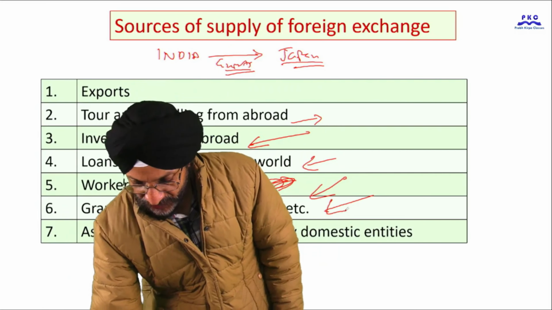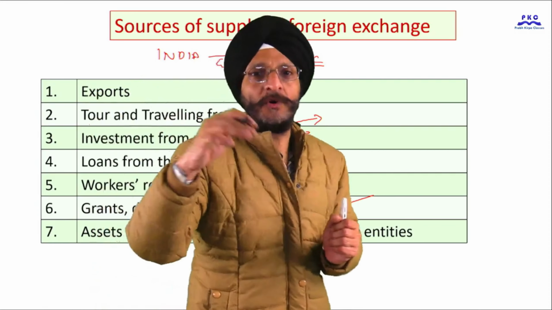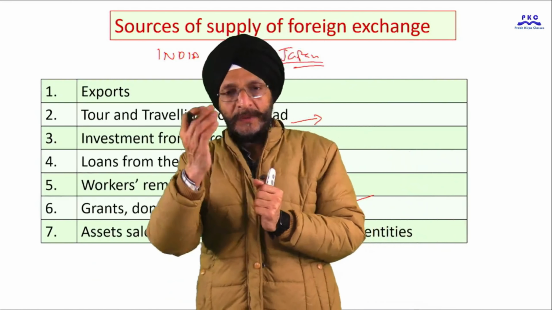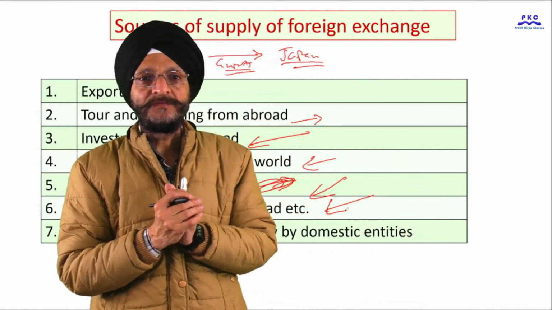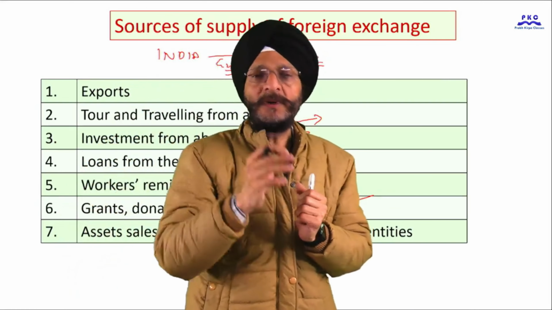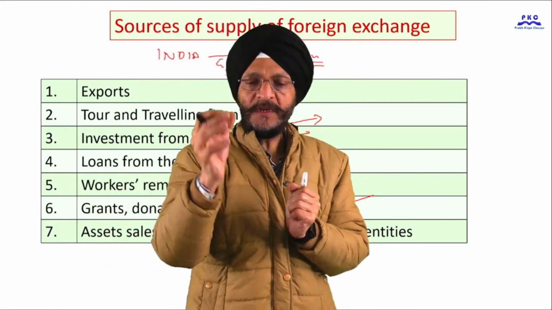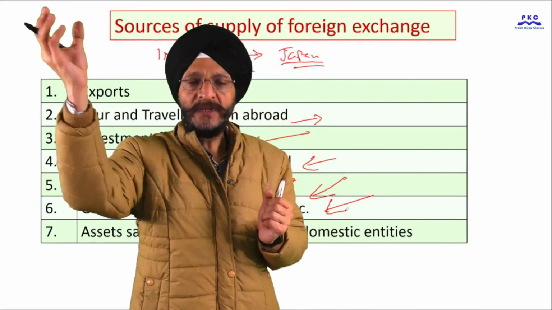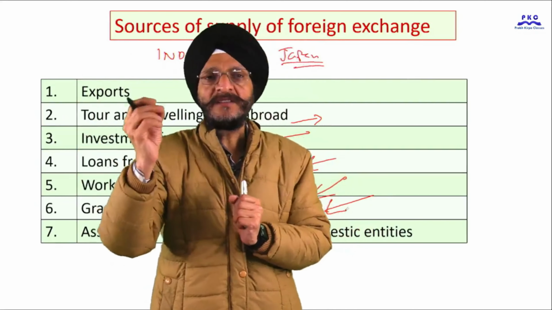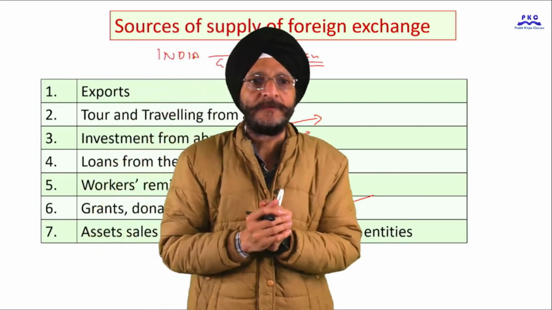Sometimes we receive grants and donations from abroad. It may be unilateral transfers or some sort of grants for investment or some specific purpose. Some donations may be received by our country from the rest of the world. It also results in the supply of foreign exchange.